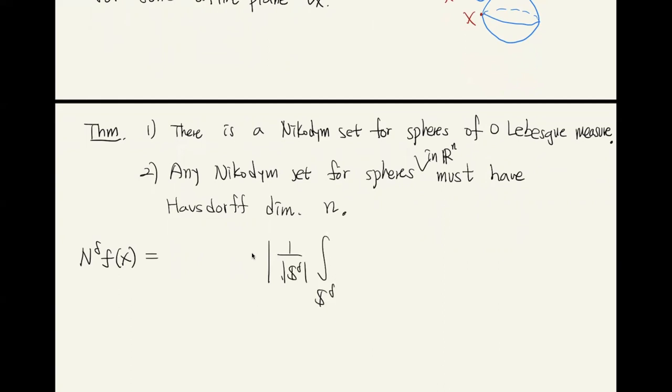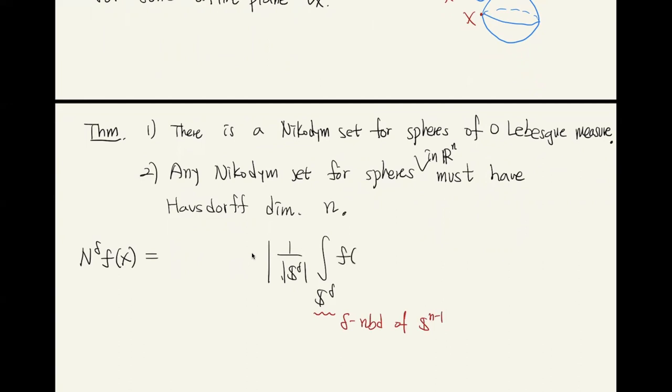So average over S delta, where S delta means the delta neighborhood of S^{n-1}, the sphere in n-1 dimensional sphere.